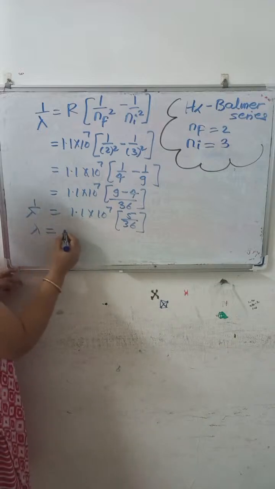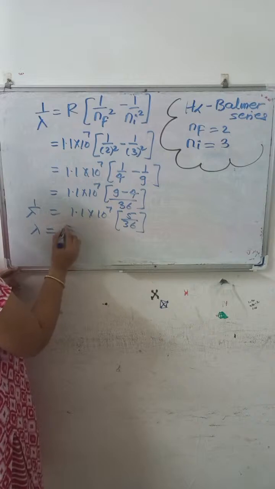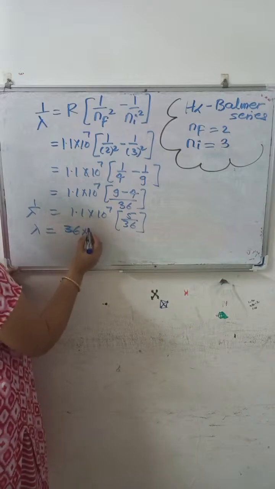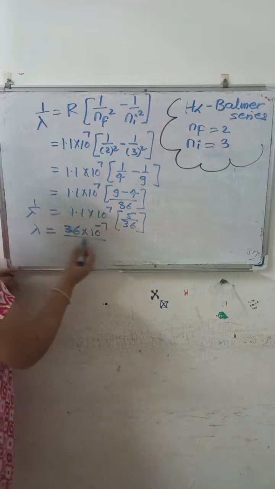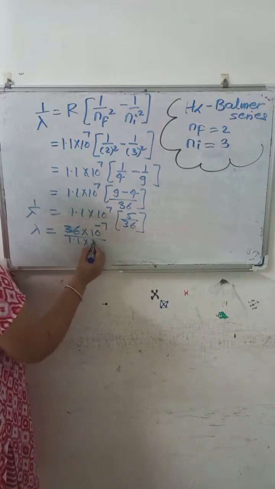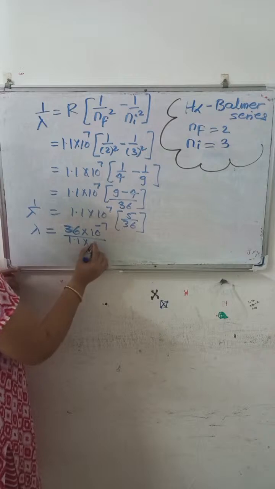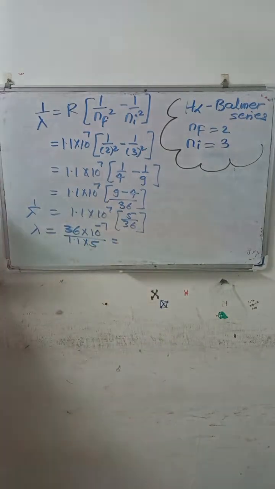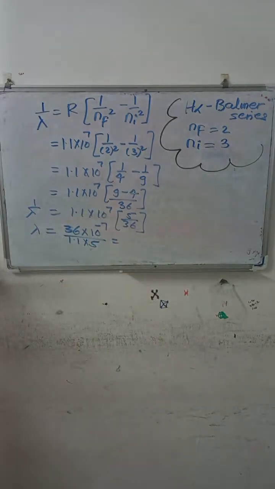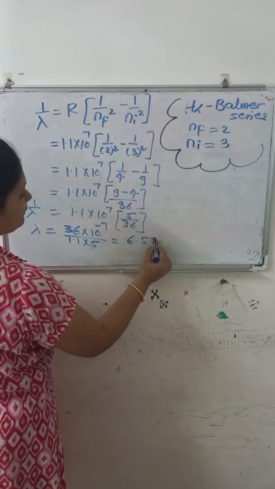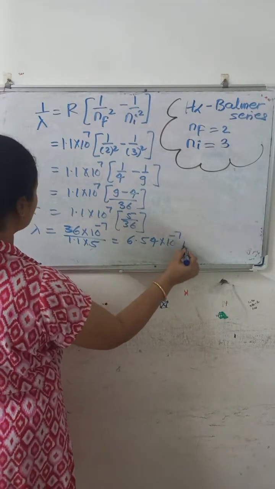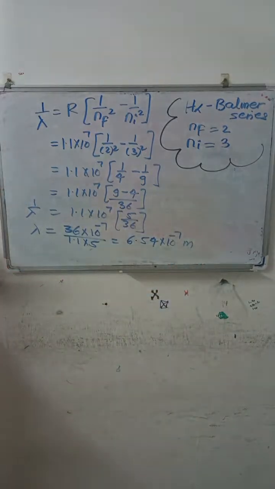So lambda is equal to 36 into 10 raised to minus 7 divided by 1.1 into 5. Now do this calculation. Once you simplify this, you will get lambda as 6.54 into 10 raised to minus 7 meter.